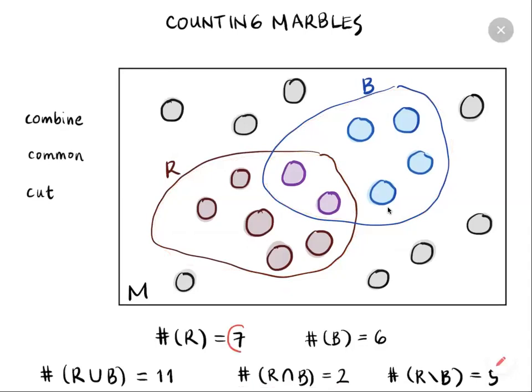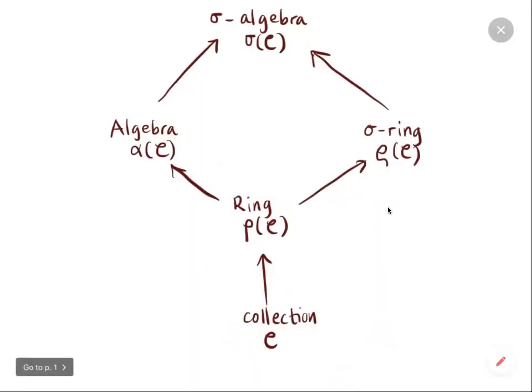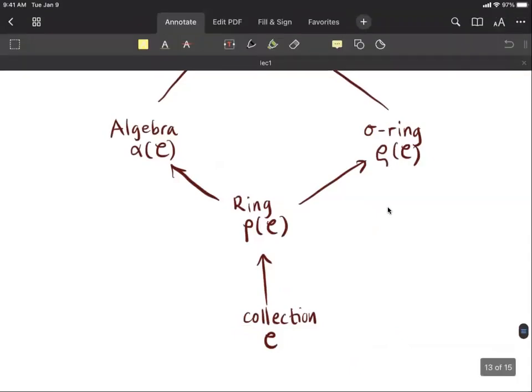So that would be 7 plus 6 minus 2, and that would be, oops, I apologize for that.